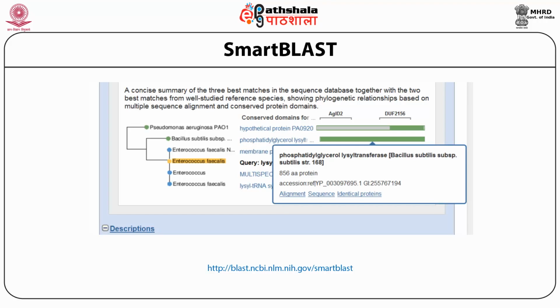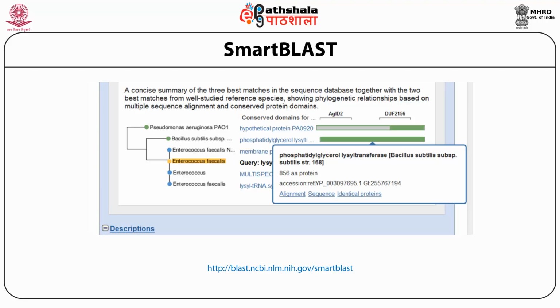SmartBLAST processes a protein query to present a concise summary of the 3 best matches from the non-redundant protein sequence database, along with 2 best protein matches from well-studied reference species. If possible, the 2 matches from the reference species database will be from different organisms.